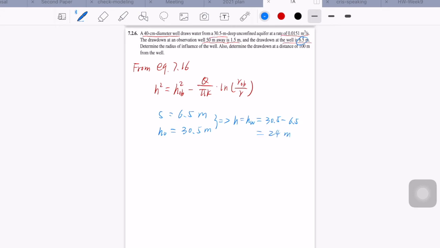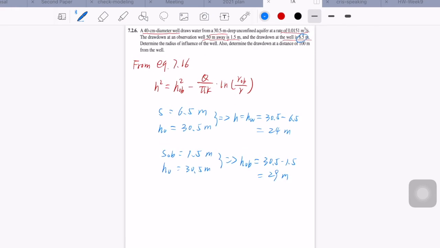The drawdown at the observation well is 1.5 meters, so HOB equals 30.5 minus 1.5, which is 29 meters.